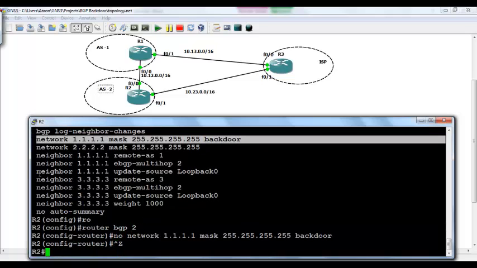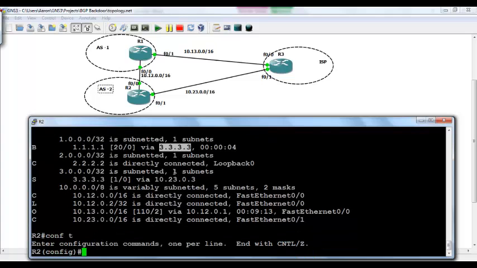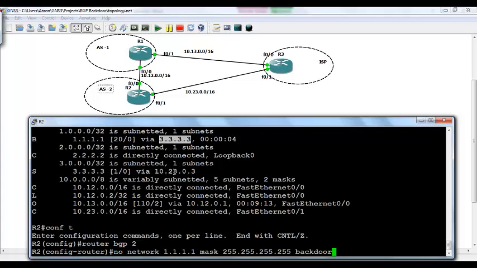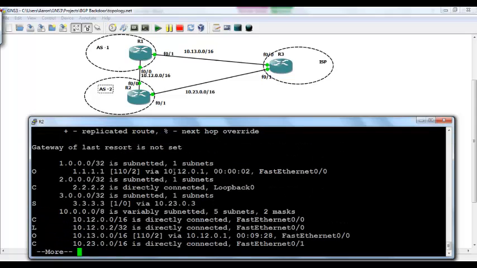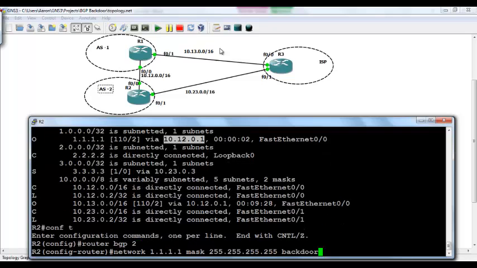So I removed this. Now if you check show ip route, you can see that 1.1.1.1 is going via router 3. Let me put back the backdoor command. And now I can see it going straight like this instead of going via a third-party autonomous system. Hope you understood backdoor. The command is simple. Let me show you the command once again. The command is only this much.